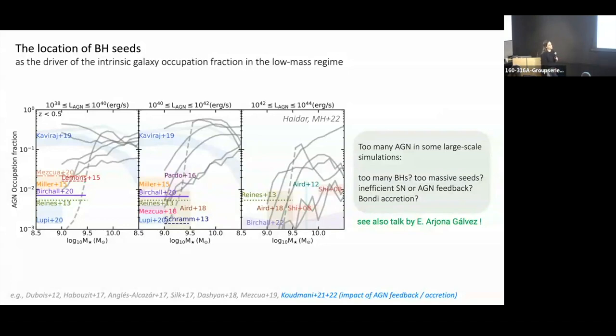You could model the SED if you're interested in a specific wavelength, and we're doing that for some simulations, but if you want to model the SED for all the AGN in a simulation, you need to look at the metallicity of your galaxy, the particles in the galaxies, all the different parameters. So it can take some time.